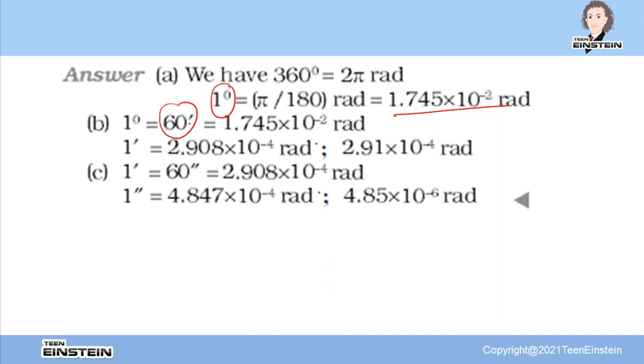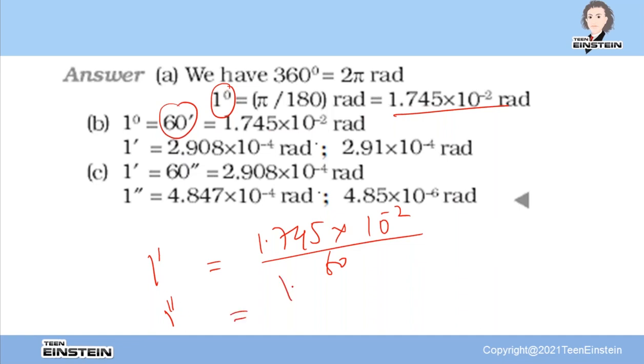Again, for 1 second, you can just divide this by 60 into 60. Then you get this number. So 1 minute is this number.